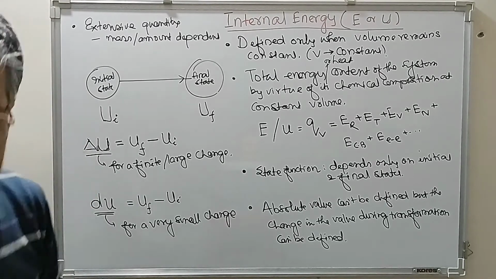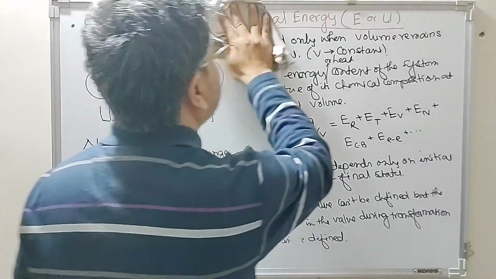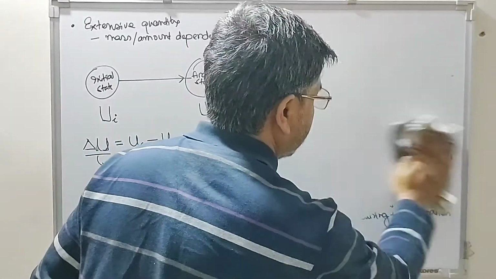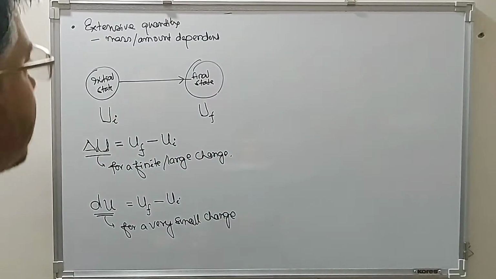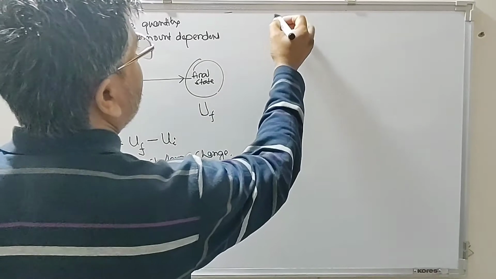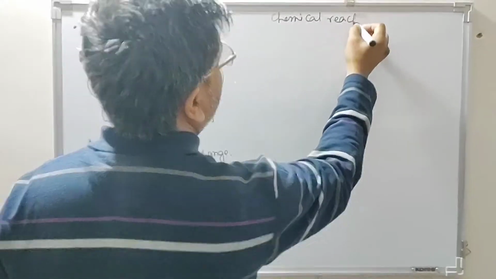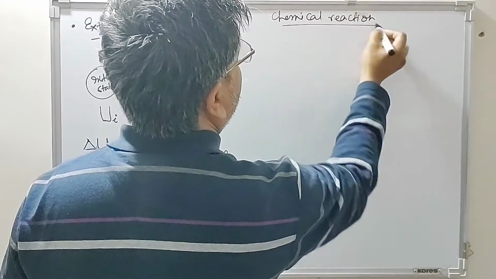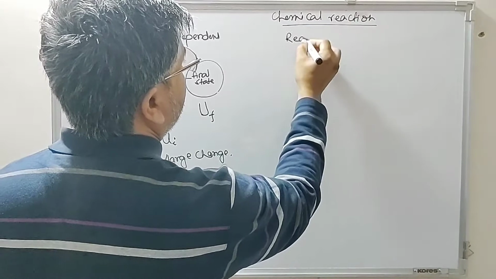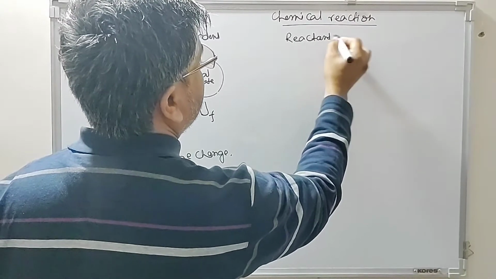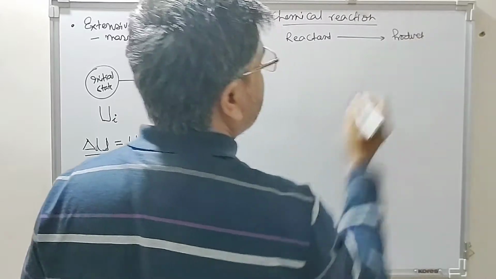Now internal energy for a chemical process, meaning for a chemical reaction, we have a reactant which is giving the product.